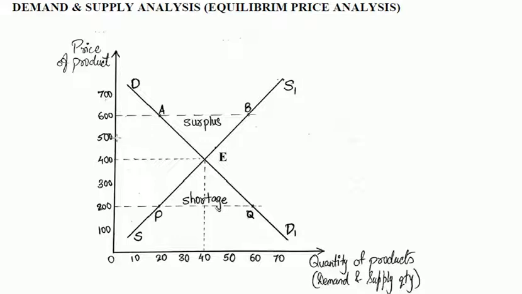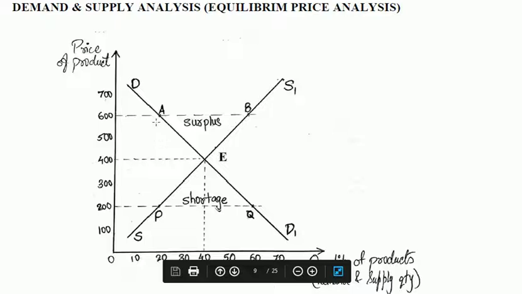So that's the reason at 500, and if I take the example of 600, at point A, if I drop down a line from A, the quantity demanded is 20.